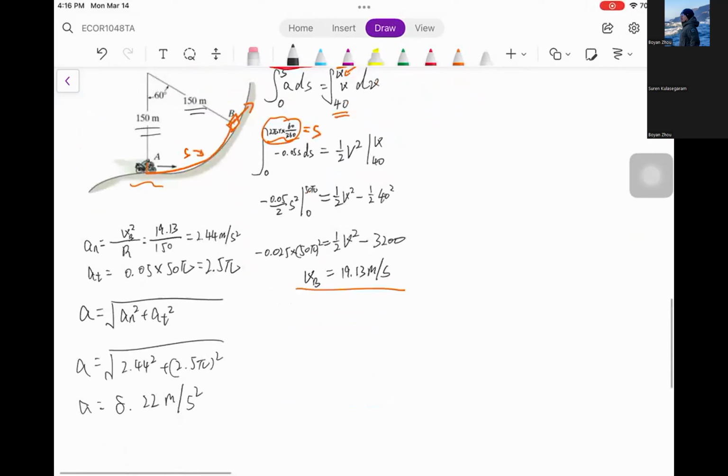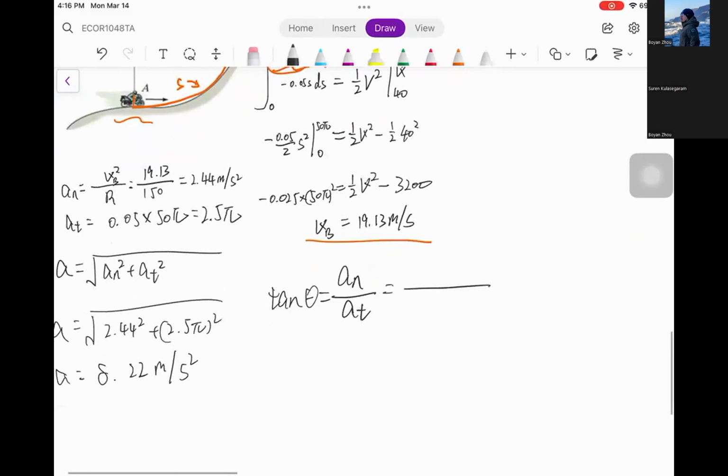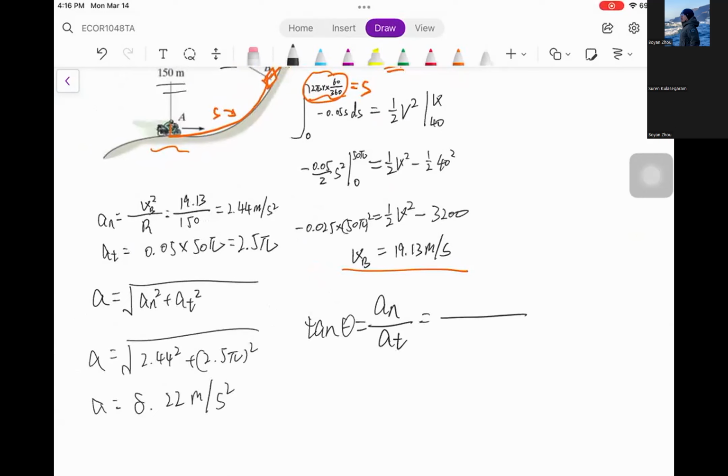So on here, the angle, tangent theta is equal to the normal acceleration over the tangential acceleration. So it's 2.44 over 2.5 pi.